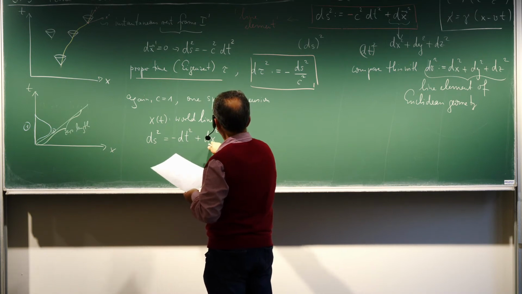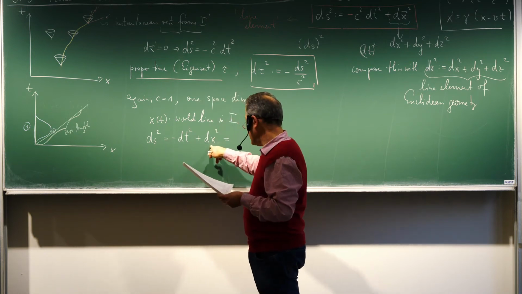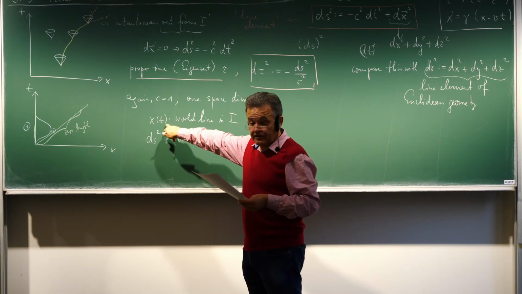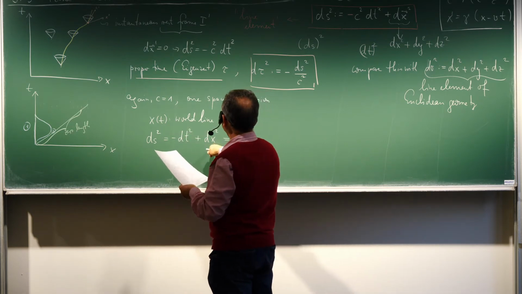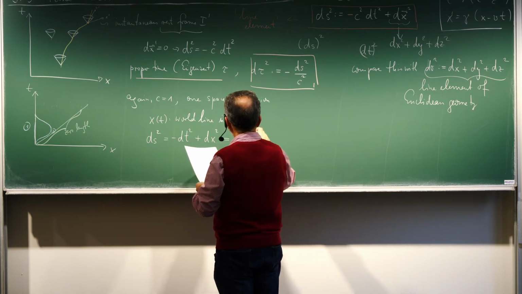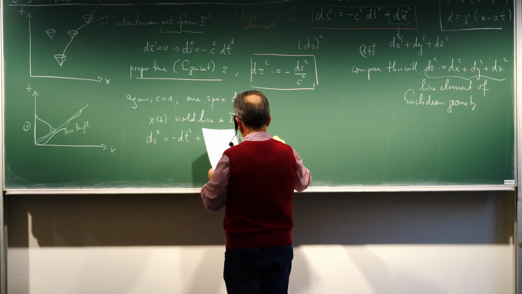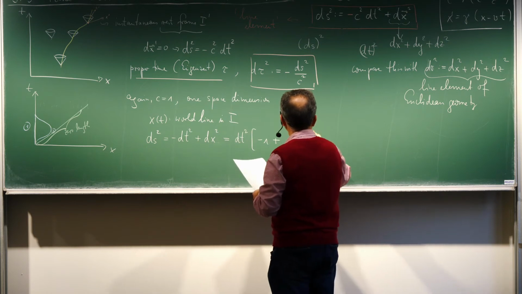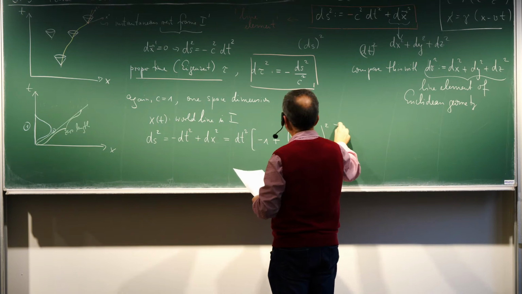And now, if we evaluate this along the world line, where we have x of t, then we can write here dx of t, and this gives us the following: ds squared equals minus dt squared times 1 minus (dx of t over dt) squared.